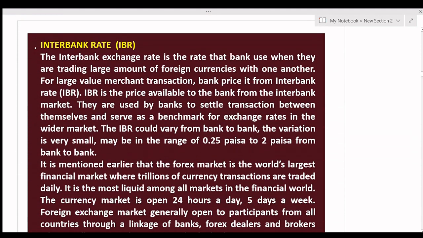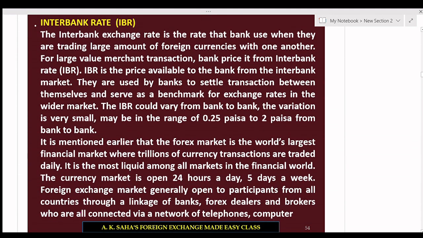Next comes interbank rate. The interbank exchange rate is the rate that banks use when they are trading large amounts of foreign currencies with one another. For large value merchant transactions, banks price from the interbank rate, IBR.